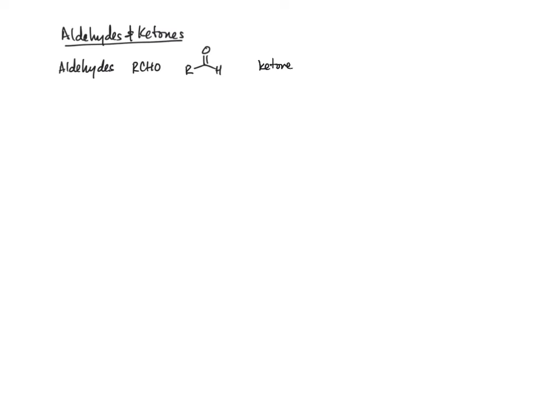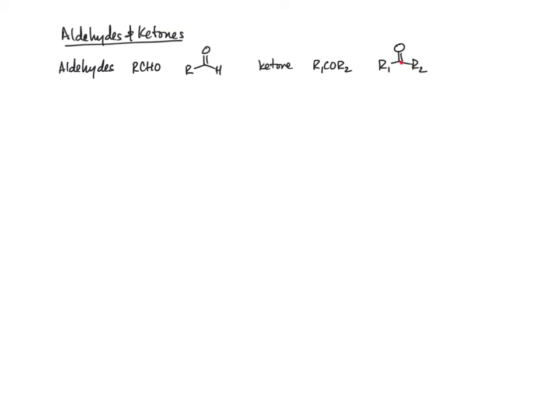So this one I'm going to say R1COR2. And the Lewis structure would be the following. So this is where we really have to pay attention to how these line formulas are transformed into a Lewis structure.